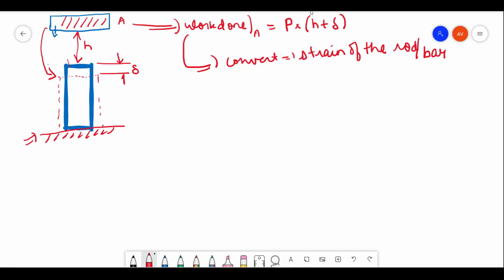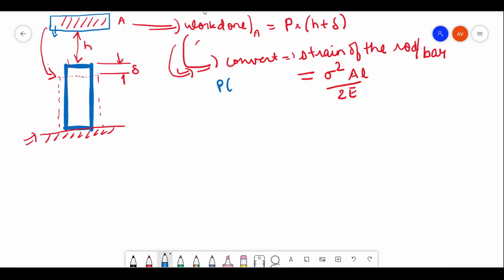The strain energy of the rod is given by sigma square into AL by 2E. So you can equate these two.